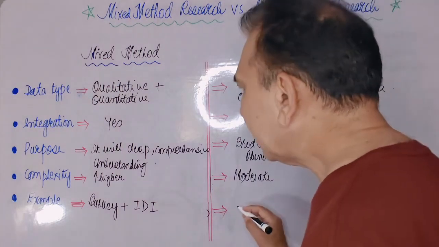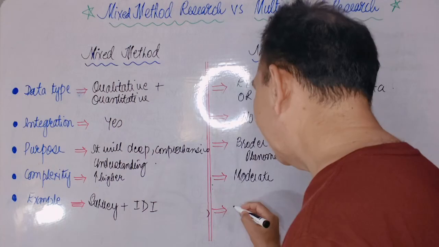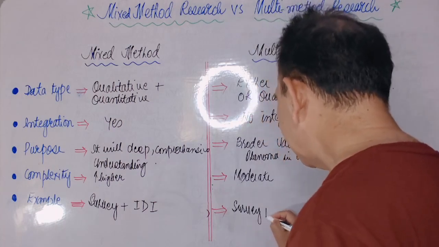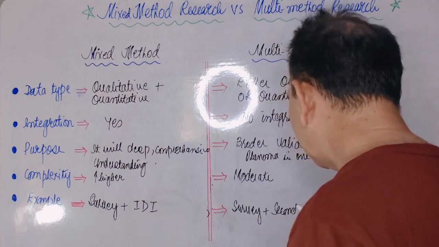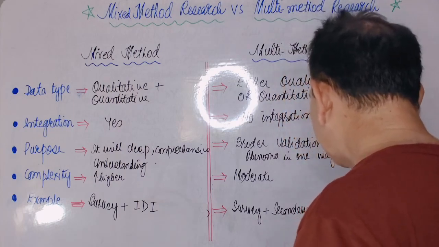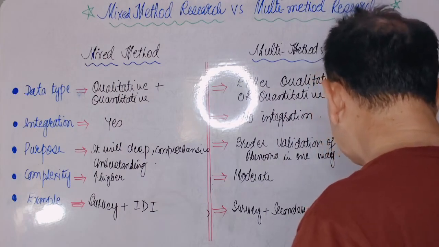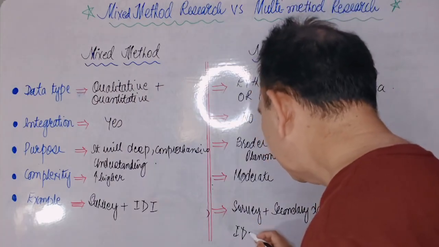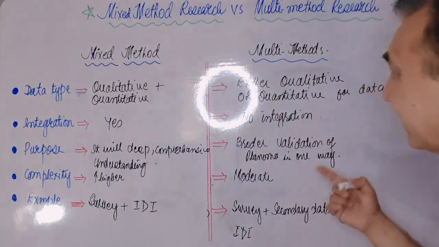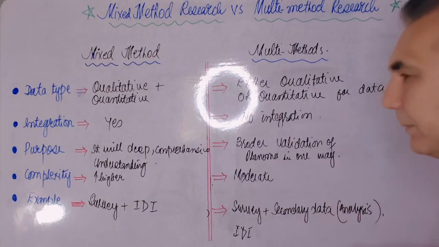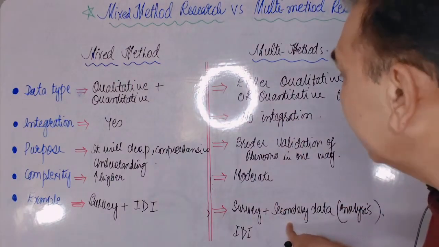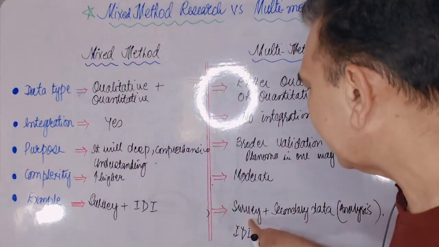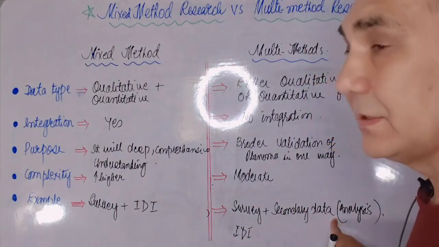And in the multi-method approach, the researcher conducts the first part as a survey, and in the second part he collects secondary data for analysis. Or maybe the researcher uses one paradigm, the quantitative approach: the first part he conducts the survey, and the second part he analyzes the secondary data.